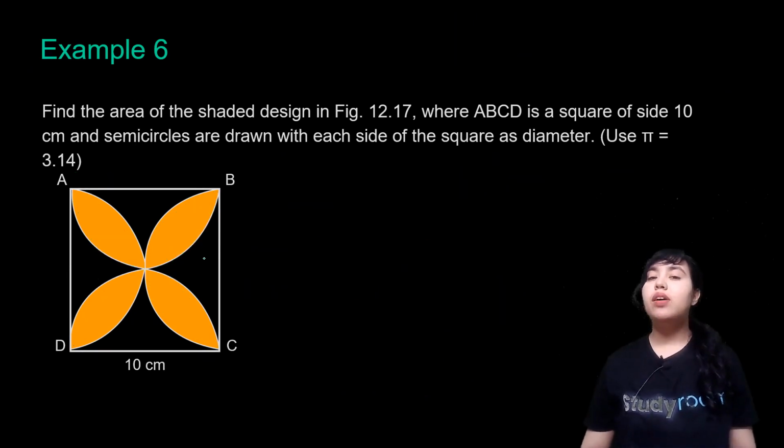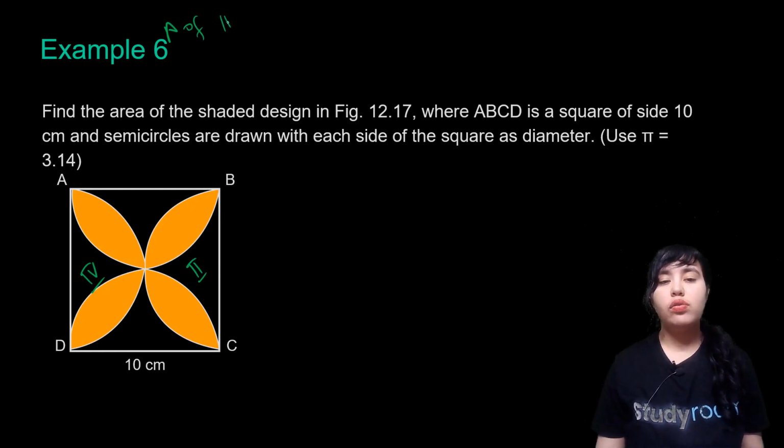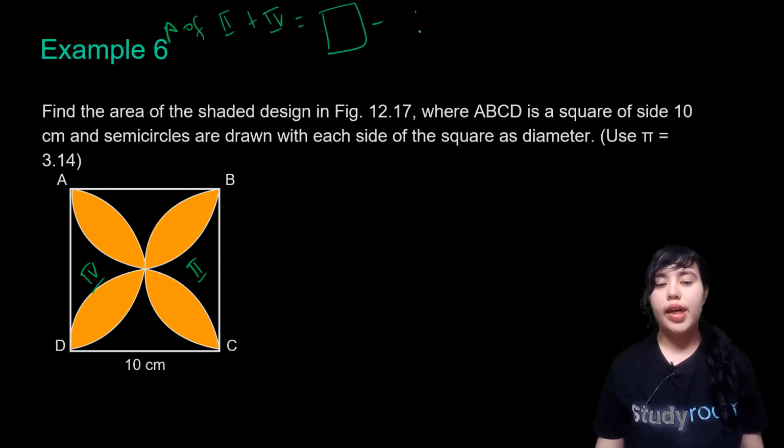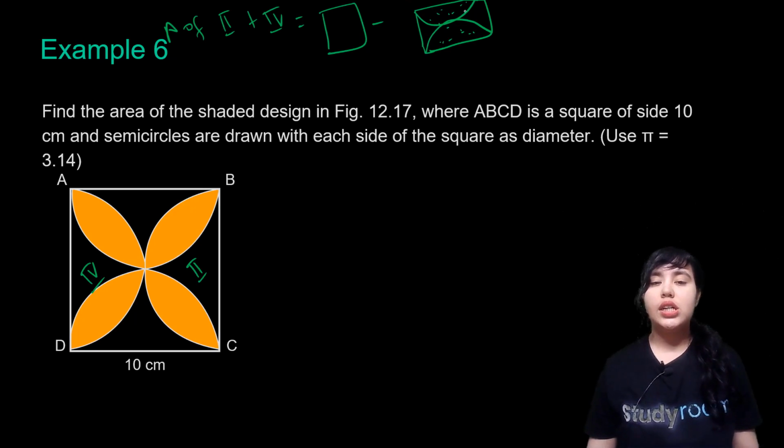Now in a similar way we can find out the area of unshaded region 2 and 4. So area of 2 plus 4 is equal to area of this square minus these two semicircles. Because if I subtract these two semicircles' area, what I get is the unshaded region 2 and 4.